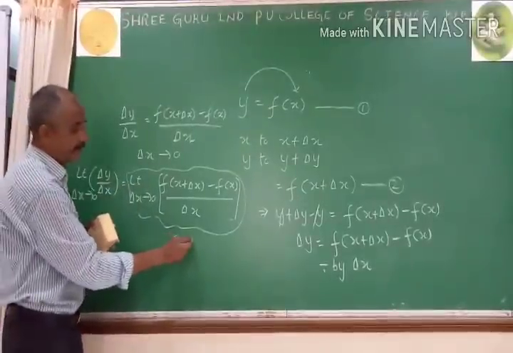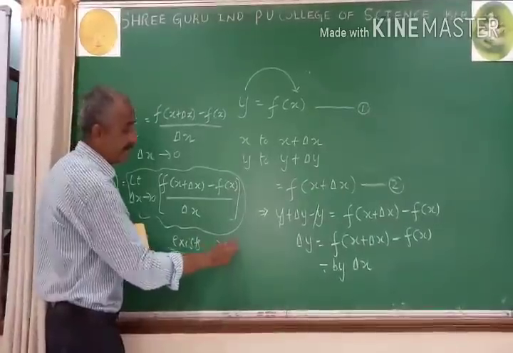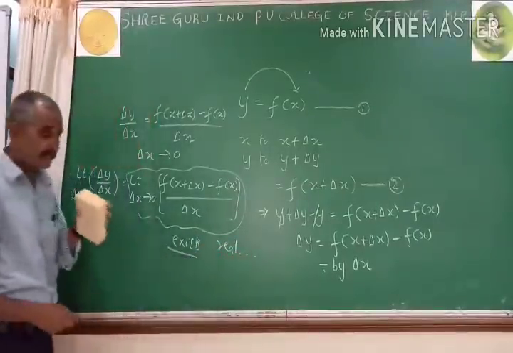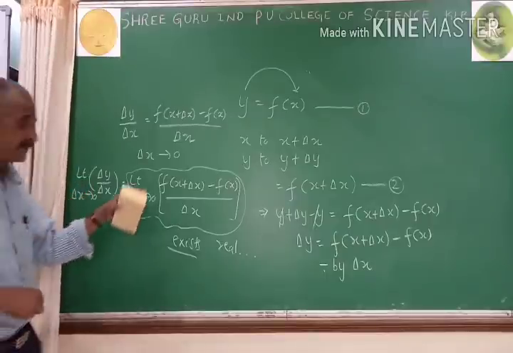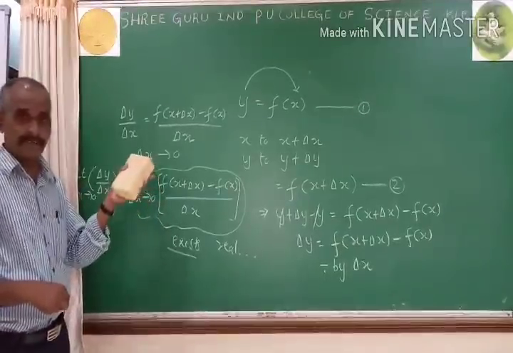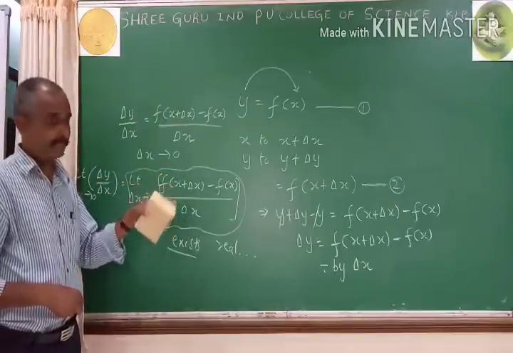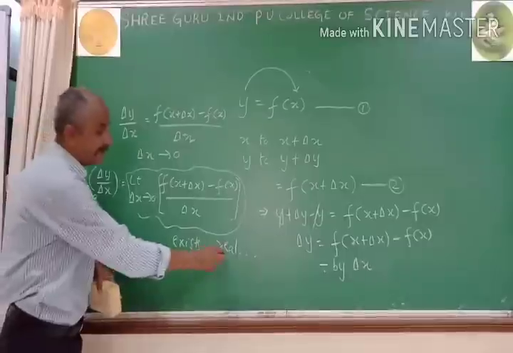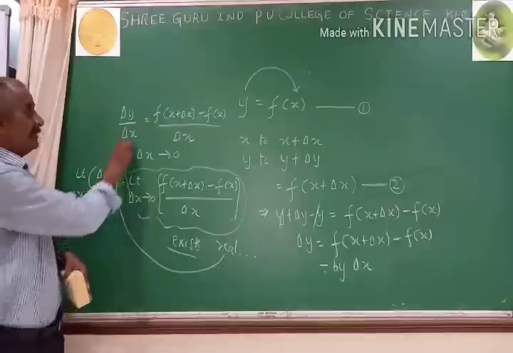In mathematics, the word exists means the value becomes a definite real number. If it is possible using suitable steps, then whatever value we get is called the derivative.